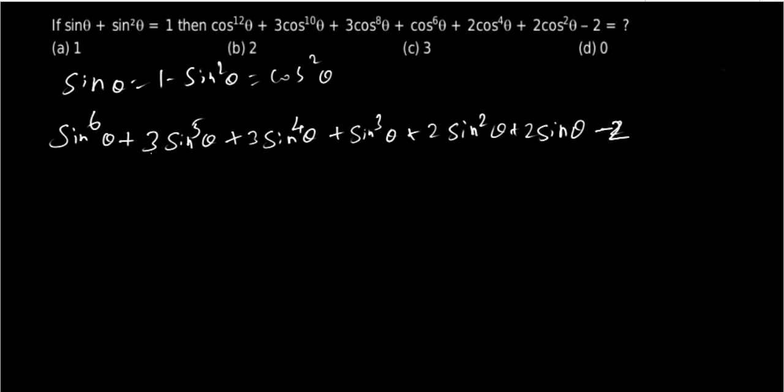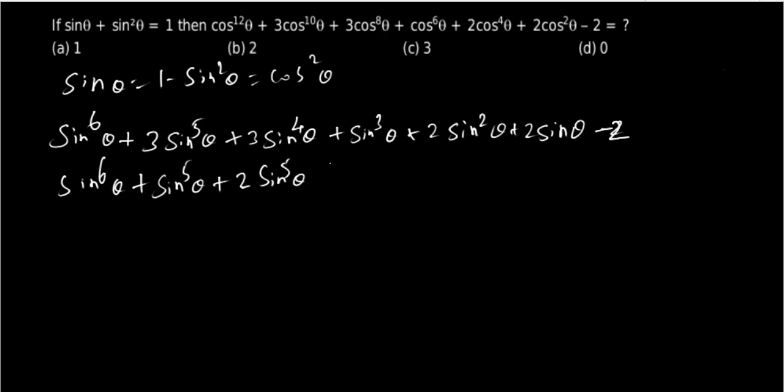Here also we have 3 sine to the power 5 theta. So sine to the power 6 theta plus this 3 sine to the power 5 theta can be written as sine to the power 5 theta plus 2 sine to the power 5 theta. So that we will get 1 sine to the power 5 theta plus 2 sine to the power 5 theta become 3 sine to the power 5 theta.